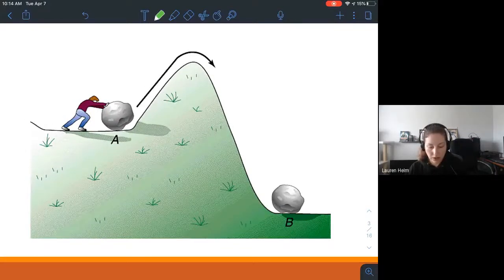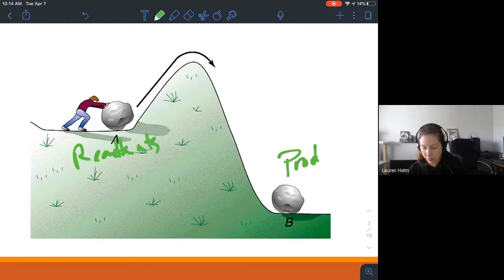So we can think of it as something like this. So A is our reactants, and B is our product. So we start with the reactant. This rock is kind of sitting there at the base of a hill. To get the rock from where it is to the ground, we have to put in some amount of work.